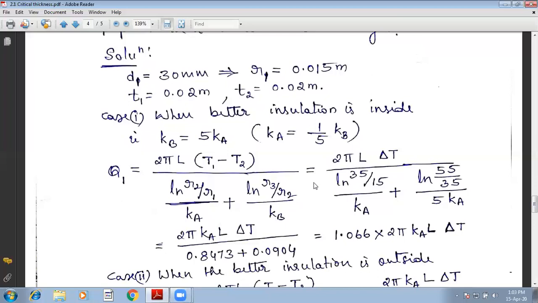Now if you solve for this, 2 pi L into delta T, ln of R2 is nothing but 35. So he has considered in terms of mm. As it is a ratio, it makes no difference whether you consider in meter or millimeter. So 35 by 15, the ratio remains same.